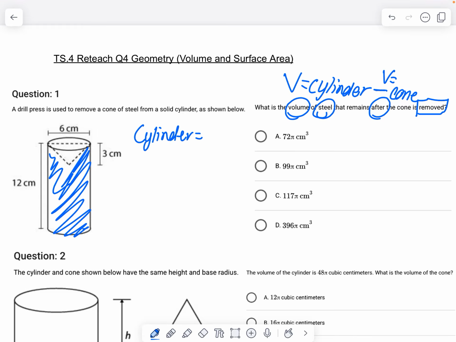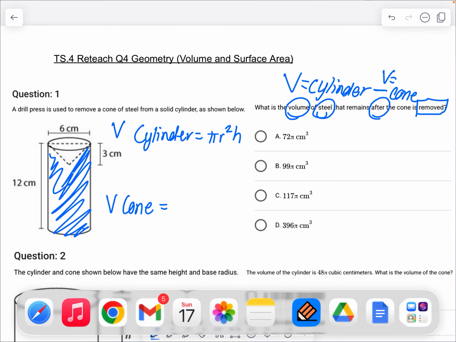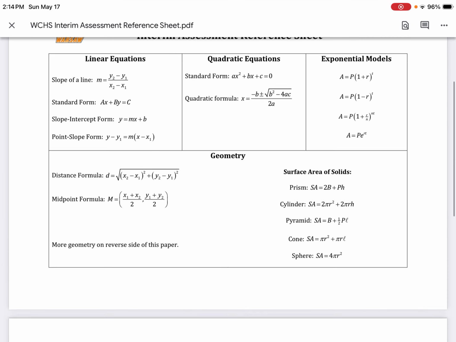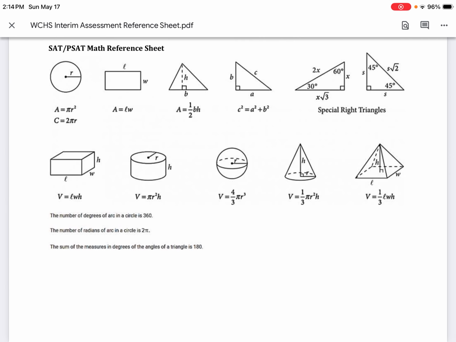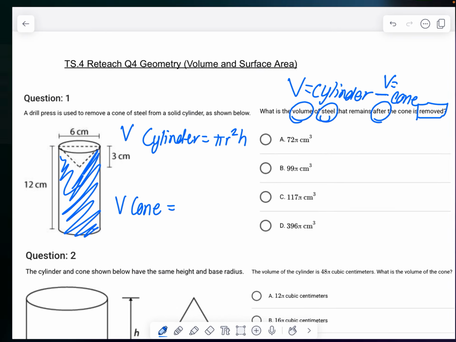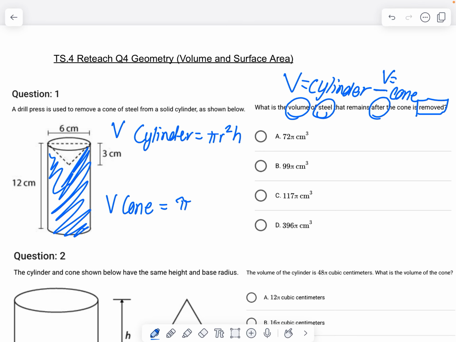And then the volume of a cone is 1/3 times pi r squared times height. We also know that this 1/3 can be written as dividing by 3. It's the same thing. We learned it in class as a division, with the 1 in front of the pi, divided by 3.